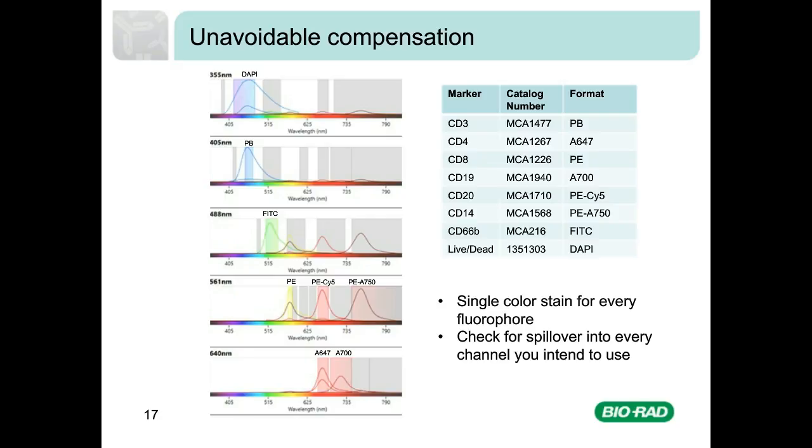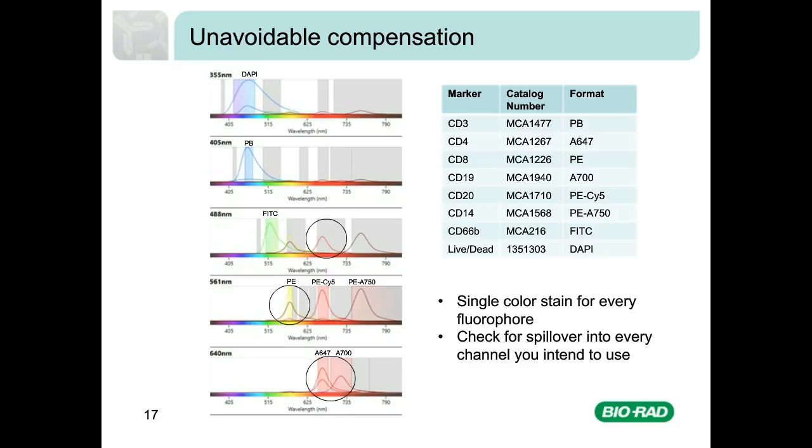There is some spillover from single laser excitation of fluorophores, as can be seen for Alexa 647 into Alexa 700, and there's some cross-laser excitation, as can be seen from PE Cy5 into the PE and Alexa 647 channel. However, by following the rules for compensation and including the right controls described earlier, having a single color stain sample for each that has 2 clear populations and compensating each channel you are using, you can still get high quality staining.